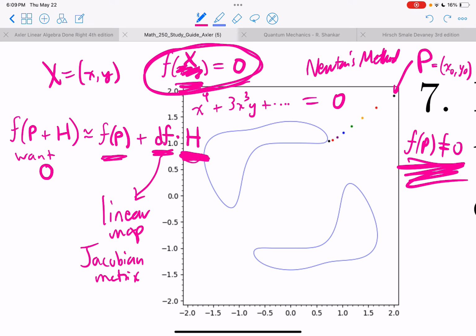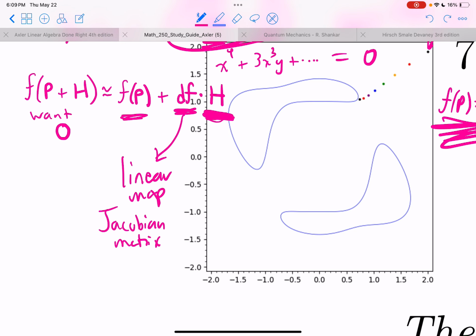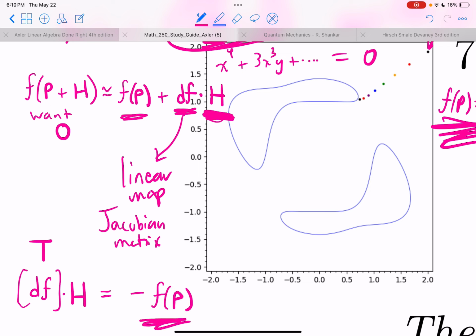So how do we find h? We want this to be 0, so we should solve df, which is a matrix or a linear map, call it T, applied to h equals minus f of p. This is our vector, or our nonzero number. So Tx equals b. In general, there will not always be a solution that exactly produces minus f of p.